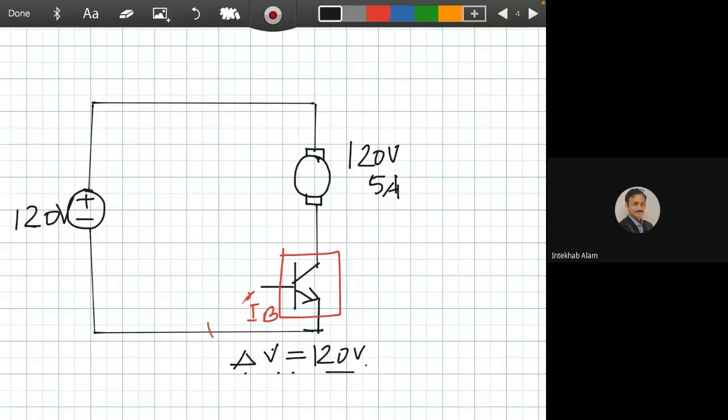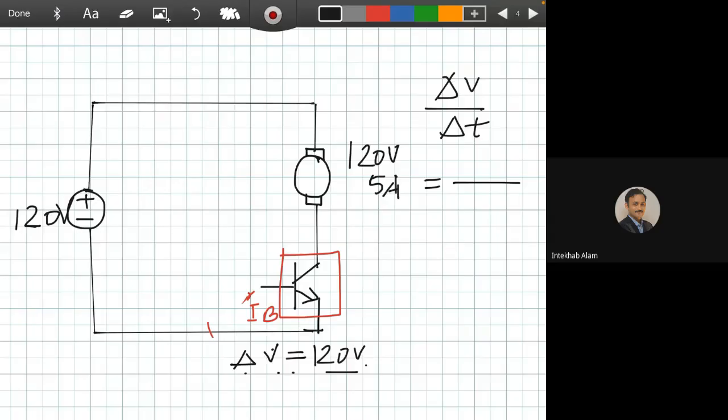So if we consider del V, if you want to make the rate of change, del V by del T. Del T means 100 times you are changing.